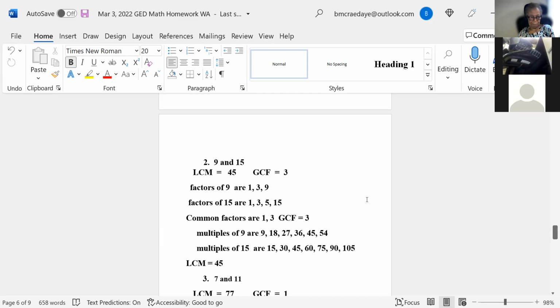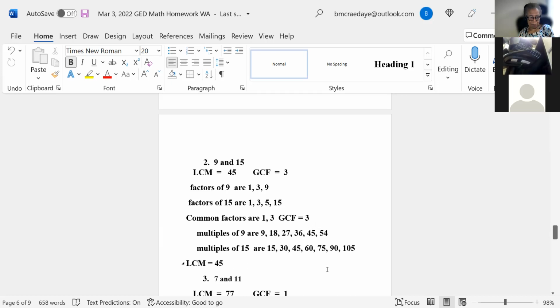Okay. And then when you do the multiples, 9 times 1 is 9, add 9. So you get 9, 18, 27, 36, 45, 54. Then 15 times 1 is 15, times 2 is 30, times 3 is 45. And you see what? The least common multiple is 45.